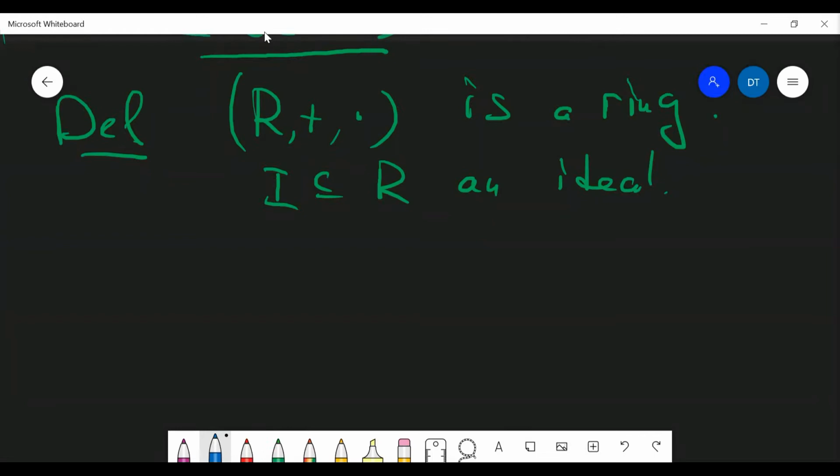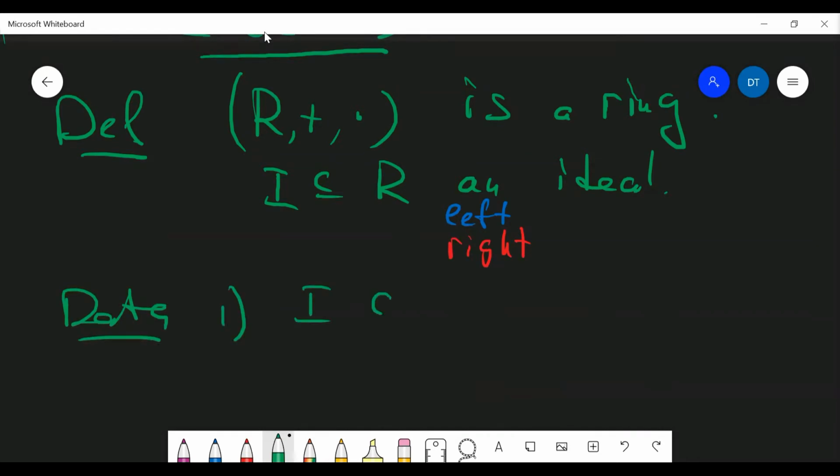There is a definition of a left ideal, there is a definition of a right ideal, and there is a definition of a double-sided ideal, which is called ideal without specifying left or right ideal. So I will give you 3 definitions at the same time. So I want to define a left ideal, a right ideal, and just an ideal. So first of all, as a data, this must be a subset of R.